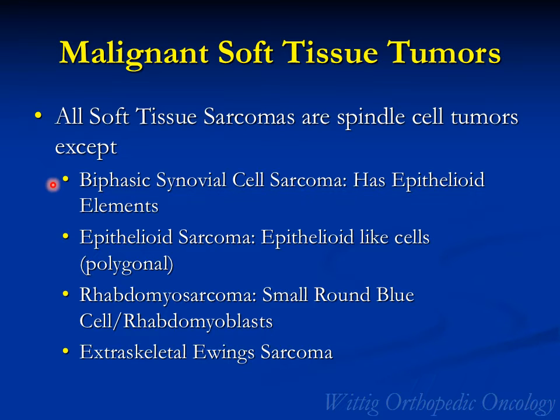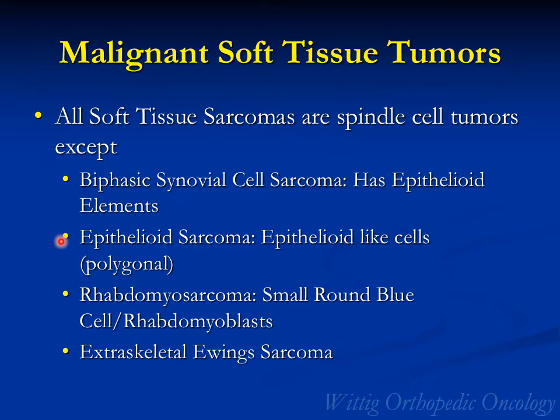However, there are certain tumors that can express both elements, and a biphasic synovial sarcoma can be vimentin positive as well as epithelial membrane and keratin positive because it has epithelioid elements.